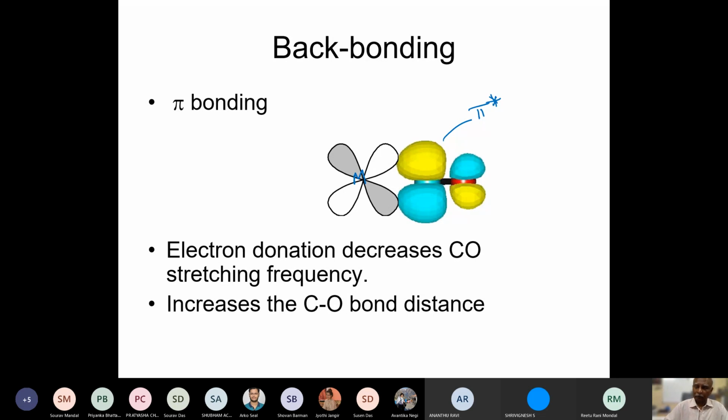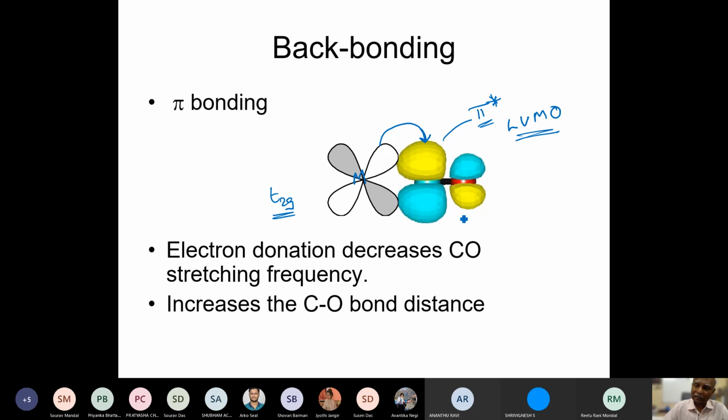I can have an interaction between the filled metal orbital and the empty ligand orbital, which is the pi star. This is the LUMO, and this is the HOMO of the metal. The T2G set of orbitals have 2 electrons each, and they can pump electron density into the pi star, or the LUMO, of the carbon monoxide.